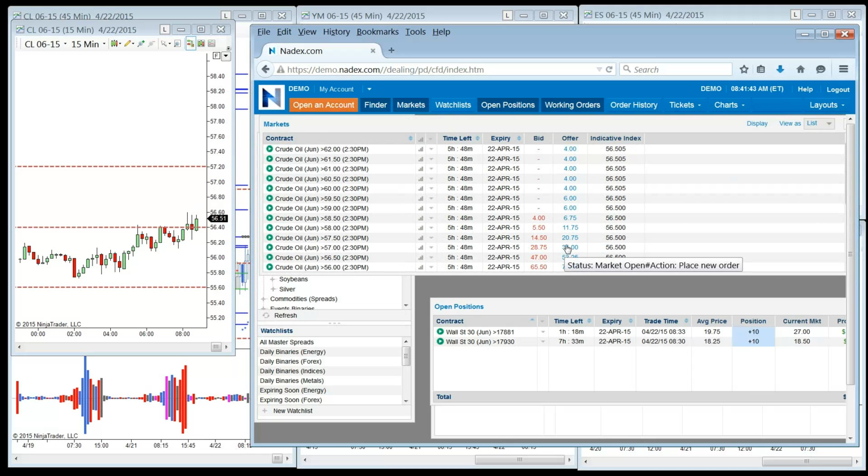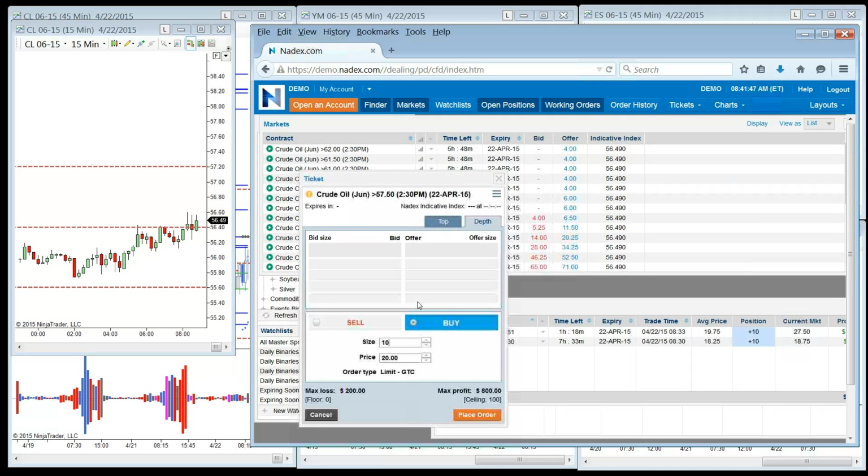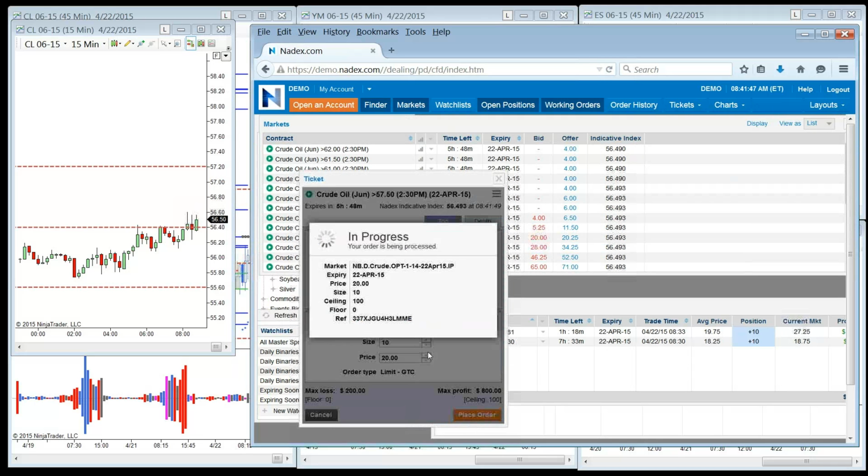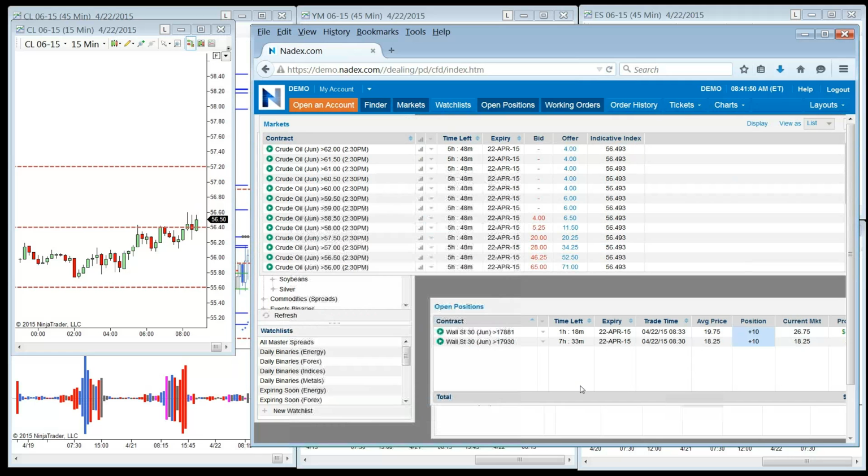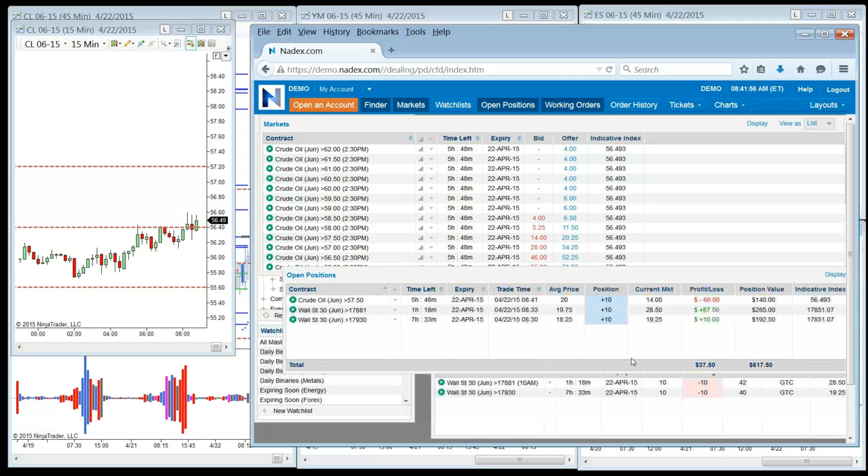I'm not risking $35. So I'll go to 57.50, and I'll tell you why. Let me place the order first. Let's see if we get filled on it. Yep, we got filled. Average price was $20.